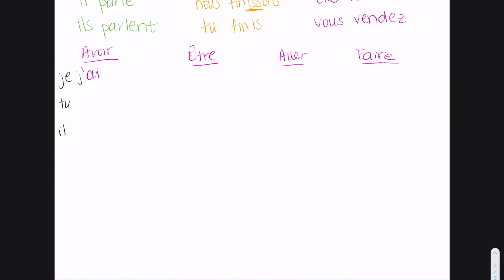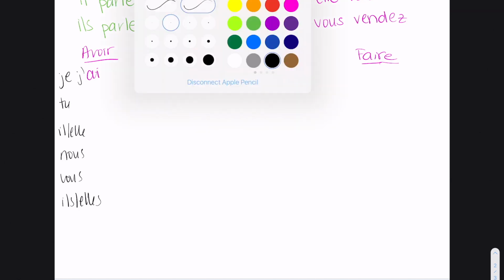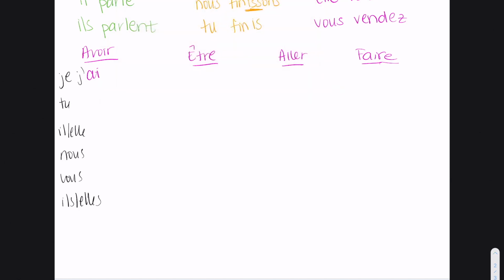Tu, il and elle, nous, vous, il and elle. The tricky thing with present tense is that every ending for every subject changes. So it's not just one generic ending. You have to just pay attention to the endings that you've got to deal with. So, but that's okay. We can do that. And we have been doing it so far, so that's great. So tu as, we already know this from passé composé. Okay.